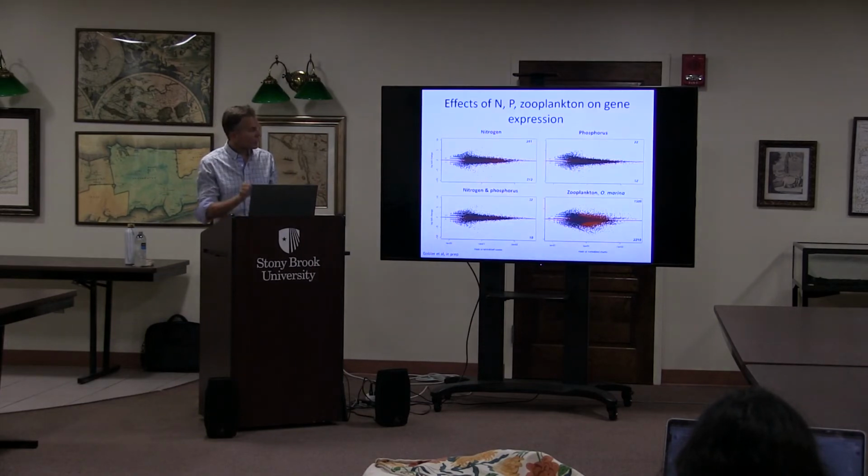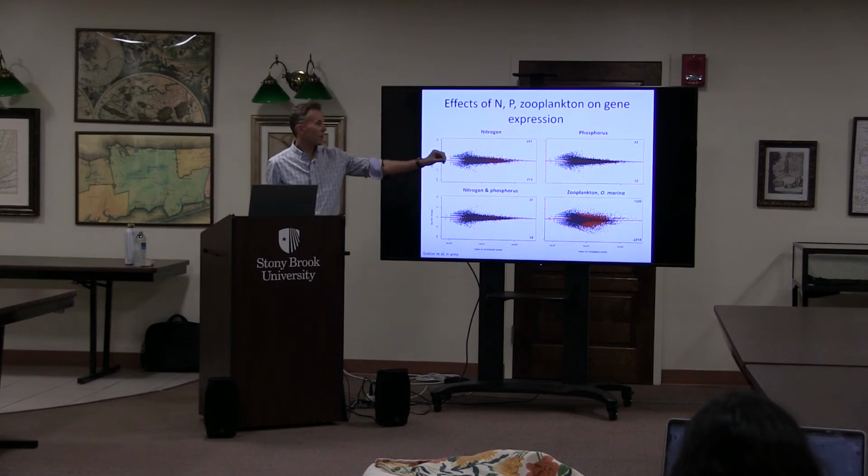So we actually did the gene expression work in those experiments also. These are called Manhattan plots. Sometimes people also call these volcano plots. They're just dot plots. All you really need to look at is the red dots. In each of these, we're comparing the gene expression. Above the line is an increase in gene expression, a gene that's expressed at a higher level.